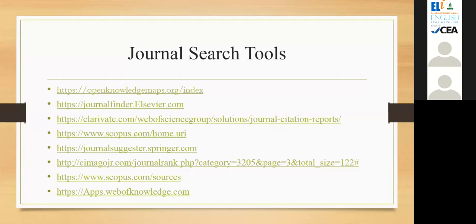Sorry, I did not think about the QR code, but all of these are search tools to search for ISI journals: Web of Knowledge, Elsevier. In our field we also have Springer. So you can use all of these websites to search for the ranking of that journal.